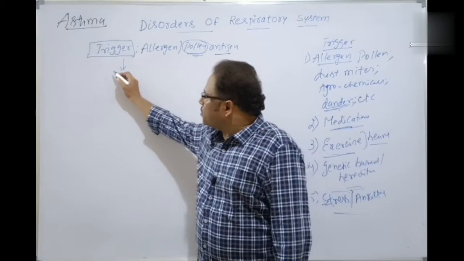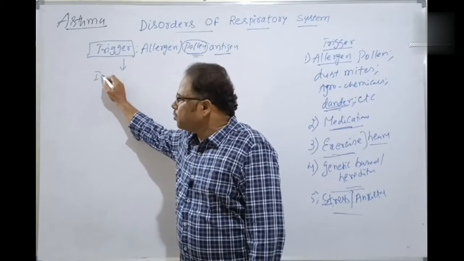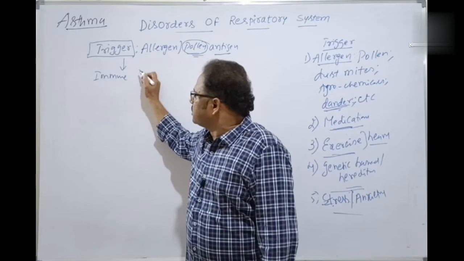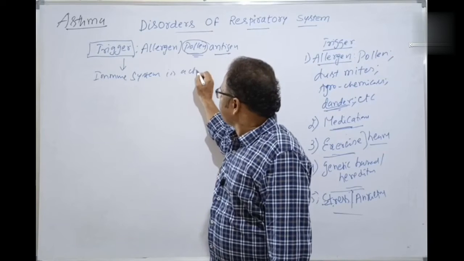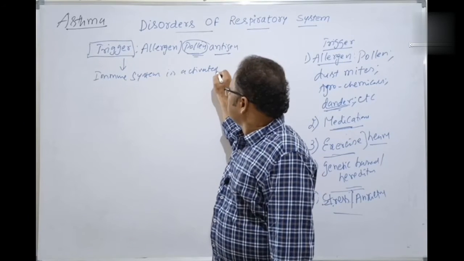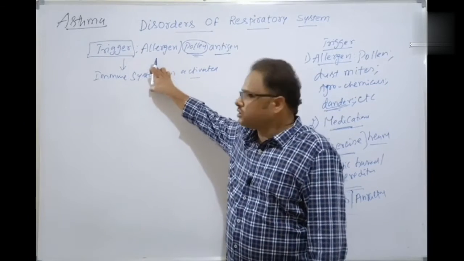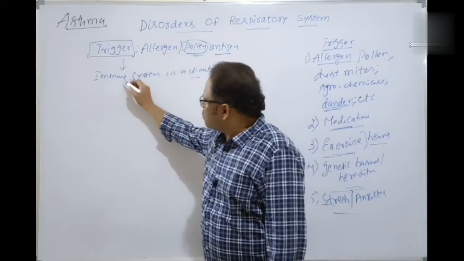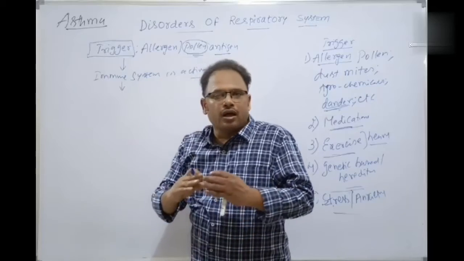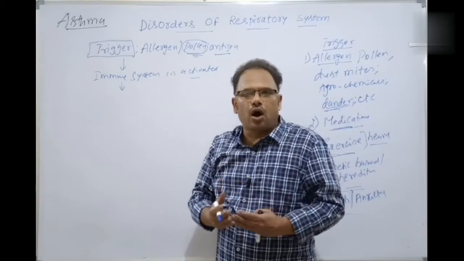The immune system of the patient is activated, in the person who is allergic to pollen. Here we are taking the example of pollen. If the immune system is activated, there is an exaggerated immune response.